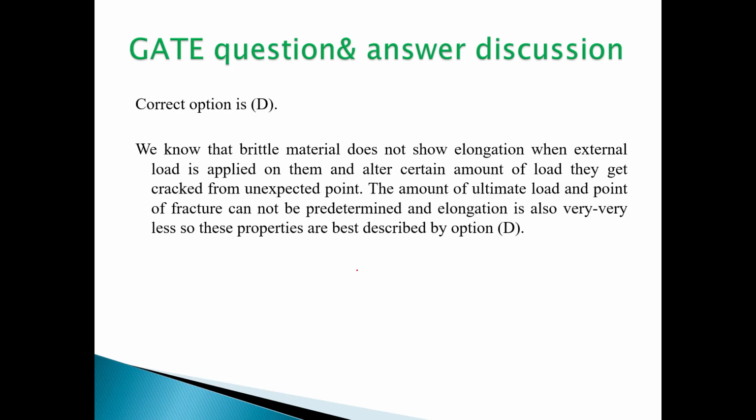We know that brittle material does not show elongation when external load is applied on them, and after a certain amount of load, they get cracked from unexpected point. The amount of ultimate load and point of fracture cannot be predetermined, and elongation is also very, very less. So the properties are best described by option D.